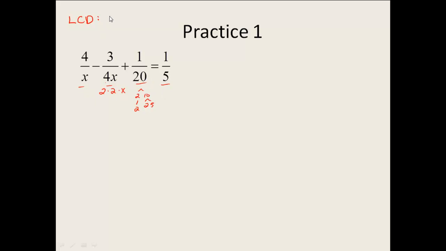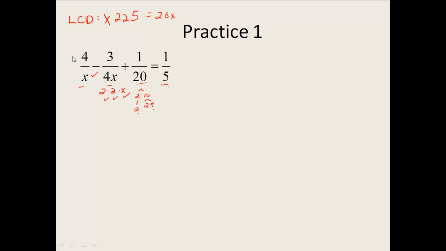So when I get my least common denominator, I need the x, I need the two 2's. I already have an x, so I don't need to double up on that. I already have two 2's, but I need a 5, and I've already got a 5. So my least common denominator is going to be 20x.